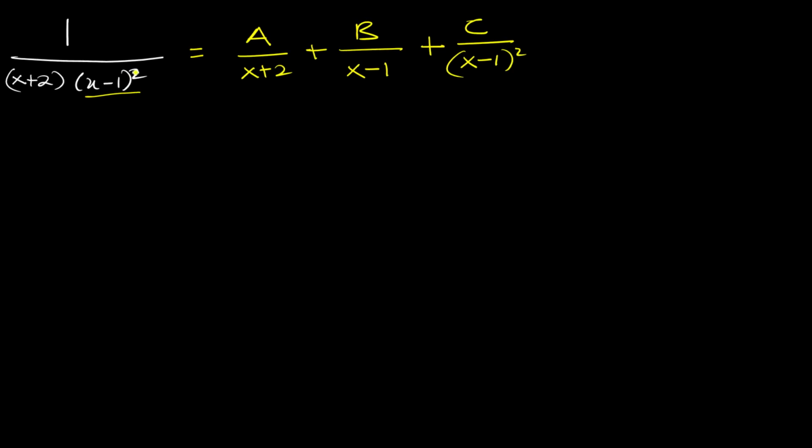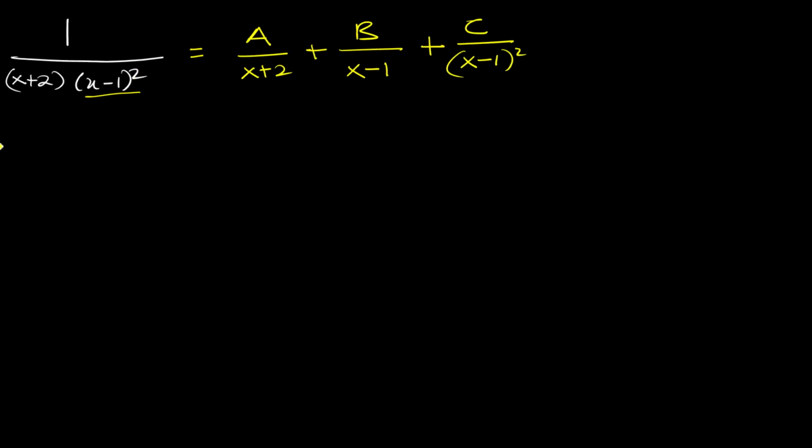My A will take the linear factor x plus 2, and this one is a linear factor, so B over x minus 1, to the power 1. Then my C takes x minus 1 to the power 2. It starts from to the power 1 up to 2.